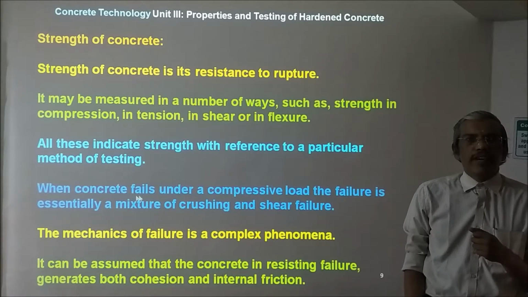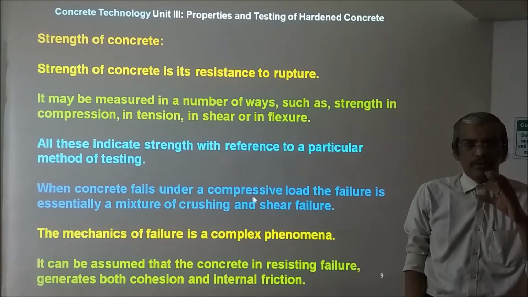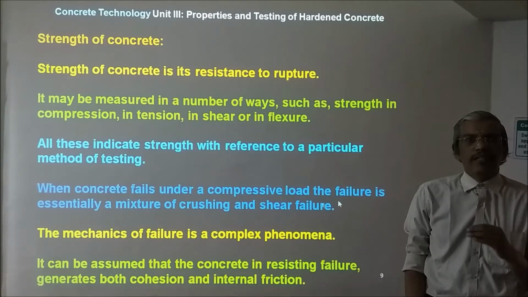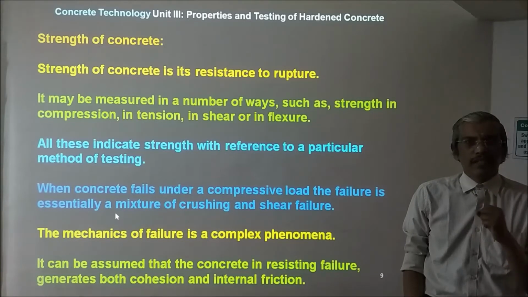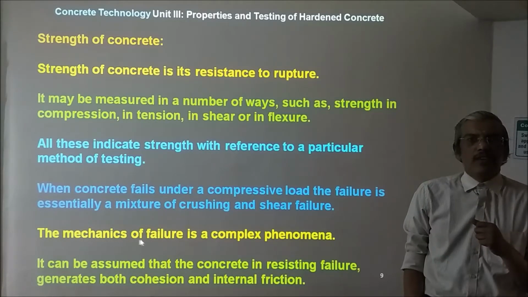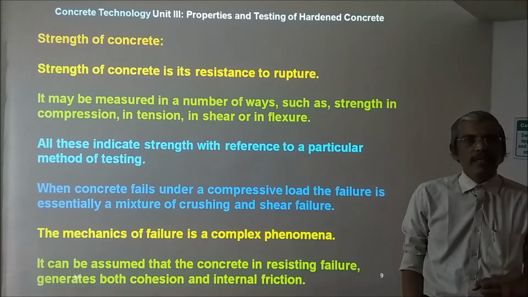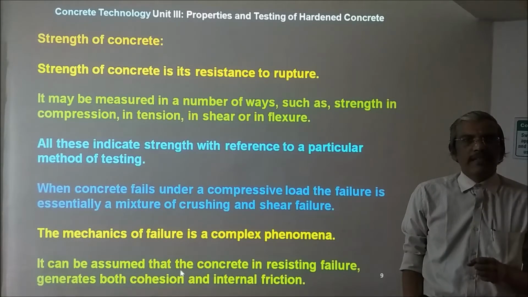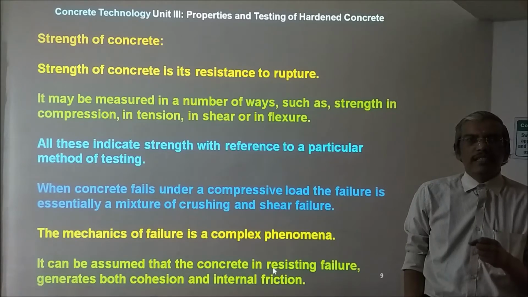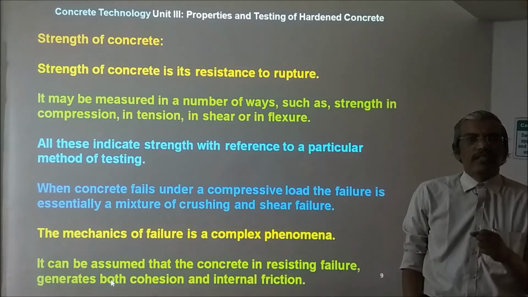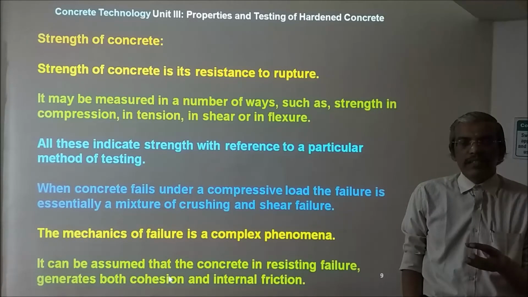When concrete fails under a compressive load, the failure is essentially a mixture of crushing and shear failure. The mechanics of failure is a complex phenomenon. It can be assumed that the concrete in resisting failure generates both cohesion as well as internal friction.